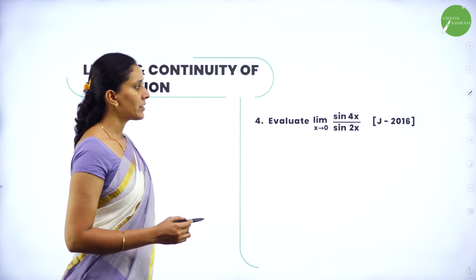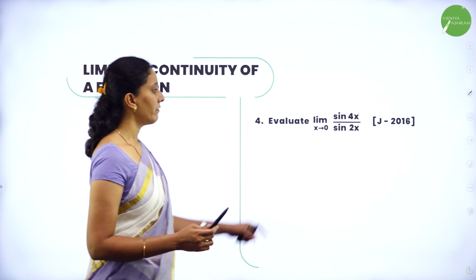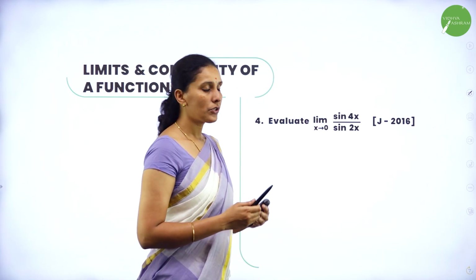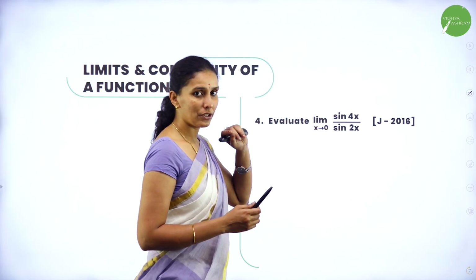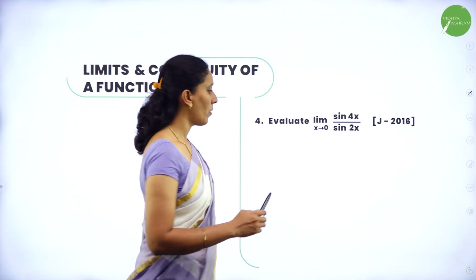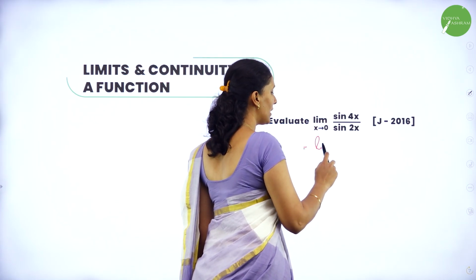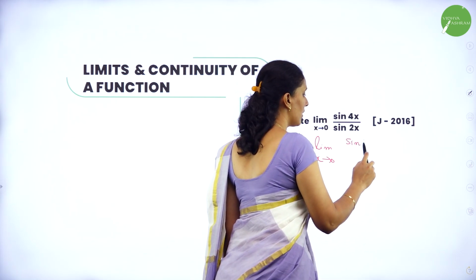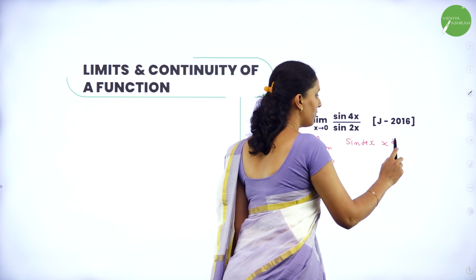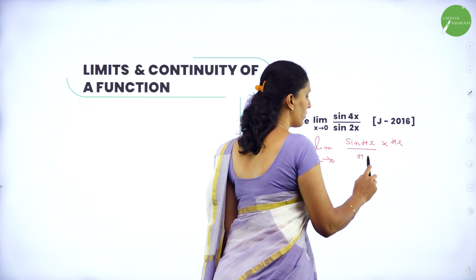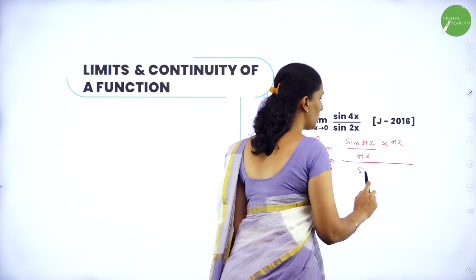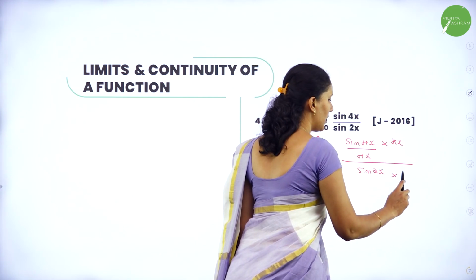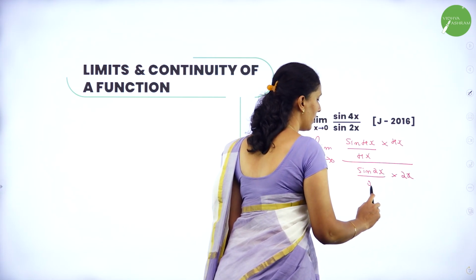Limit x tends to 0 sin 4x divided by 2x. We know the standard limit. So we need to have the denominator as 4x for the numerator and 2x for the denominator. So therefore here we'll write limit x tends to 0 sin 4x, I'll multiply 4x and I'll divide by 4x here. And for sin 2x, again I'll multiply 2x, I'll divide by 2x.